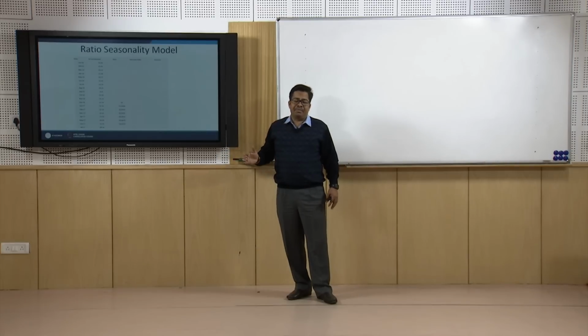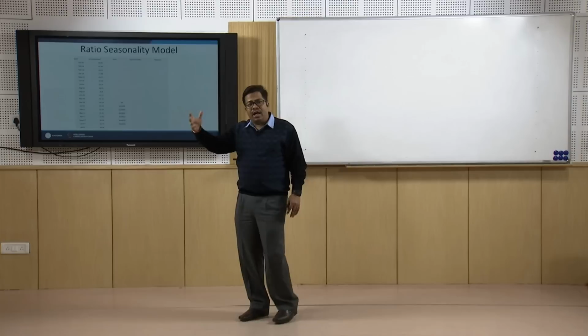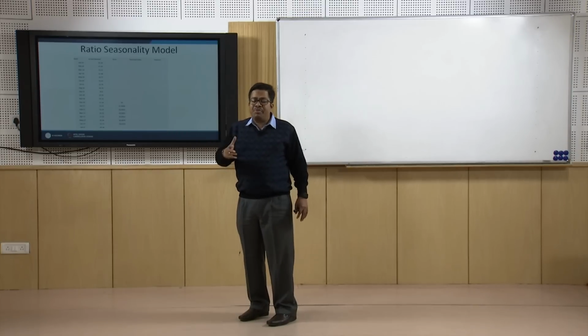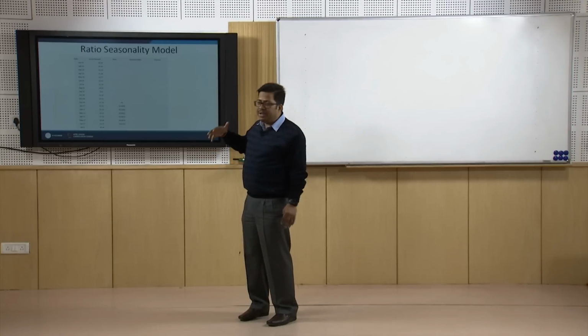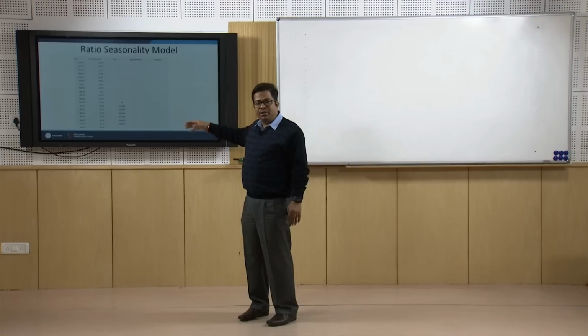At the same time, since we are talking of smoothing methods, there are smoothing constants alpha, beta, gamma. What should be the appropriate values of alpha, beta, gamma will also be determined using these forecasting error measures.